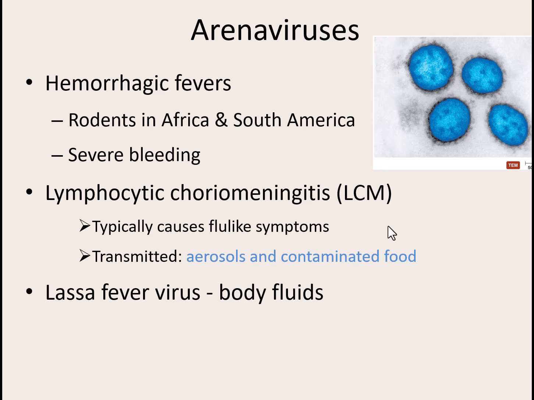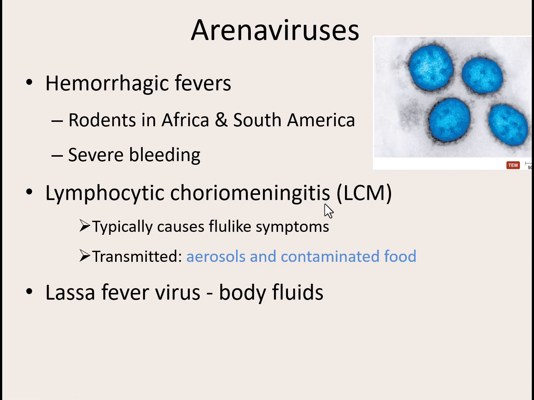There's one in this group, the arenaviruses, that causes lymphocytic choriomeningitis, which just sounds horrible all in itself. Flu-like symptoms. It can cause a mild meningitis, but that's about it. The reason is that your immune system is a little overactive, and that inflammation happens in the meninges.